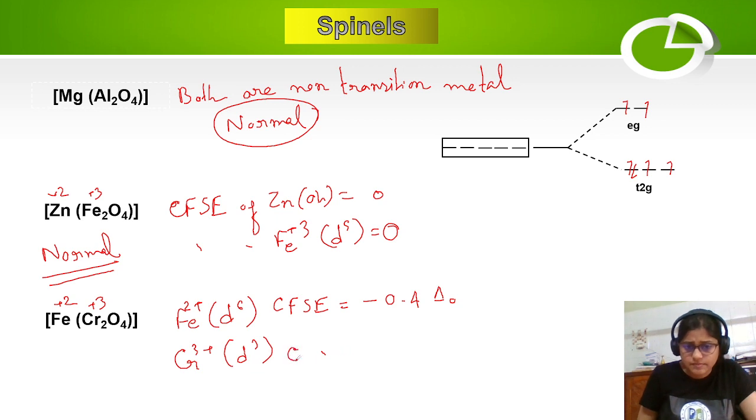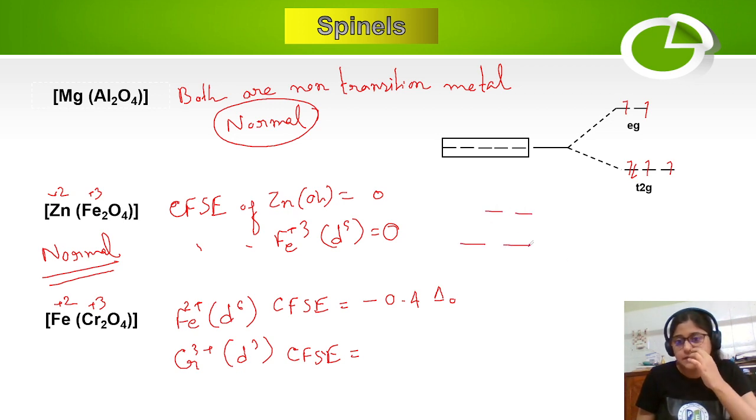CFSE, what is it? We know for the d3 and d8 system, the CFSE is the highest. So the CFSE of Cr3+, 1, 2, 3 electrons will be there, right? So if t2g and eg, 1, 2, 3, right?